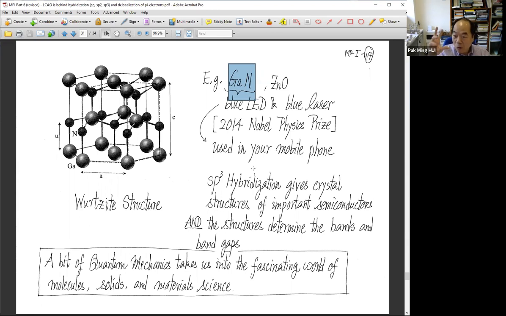So now we have all the colors around, we have very good digital displays on the street. Even under strong, bright sunlight, we can still see this very clearly, okay? So this is another Nobel Prize awarded.